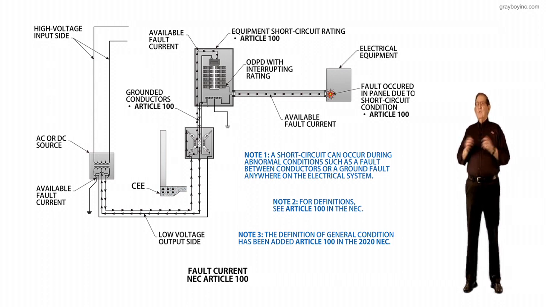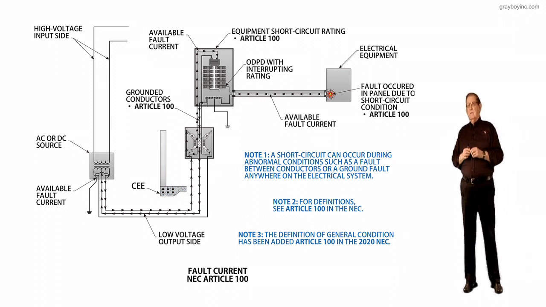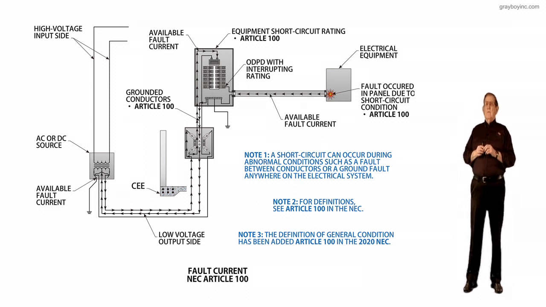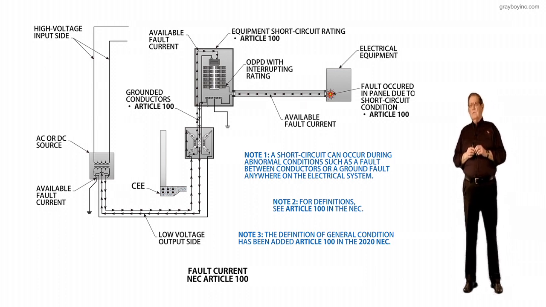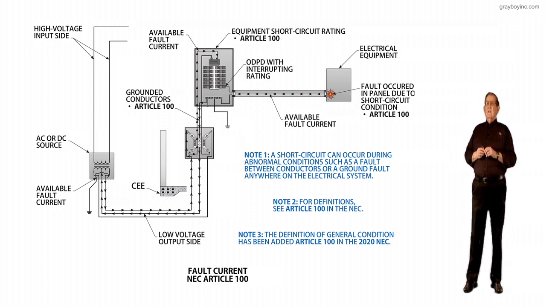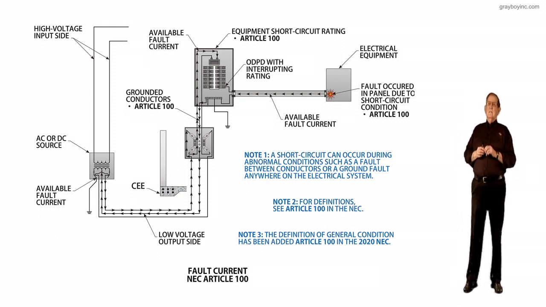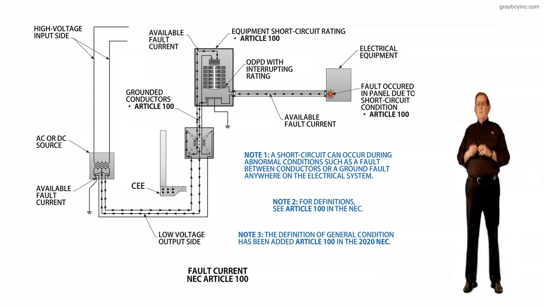Now, usually we call it a short circuit between the conductors, and we call it a ground fault where metal of some sort is involved, where the ungrounded conductor would touch it, weld to it in some manner. And note number 2, it talks about the definitions. Look at the definitions of fault current, short circuit current. Look at the definition of available short circuit current and apply those.